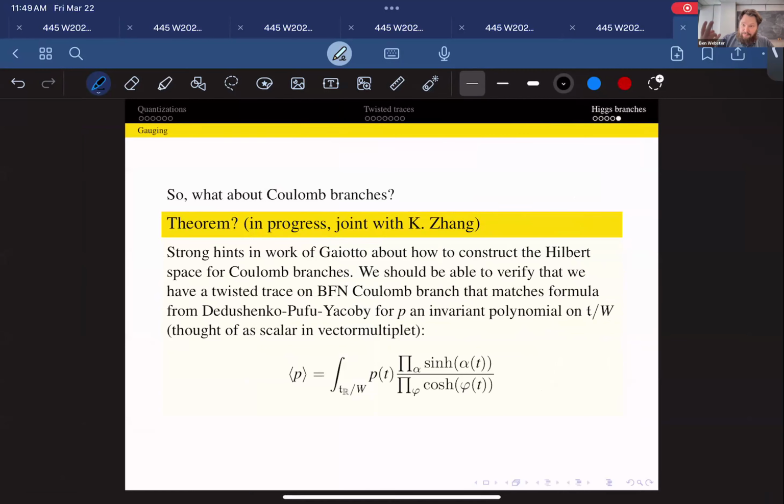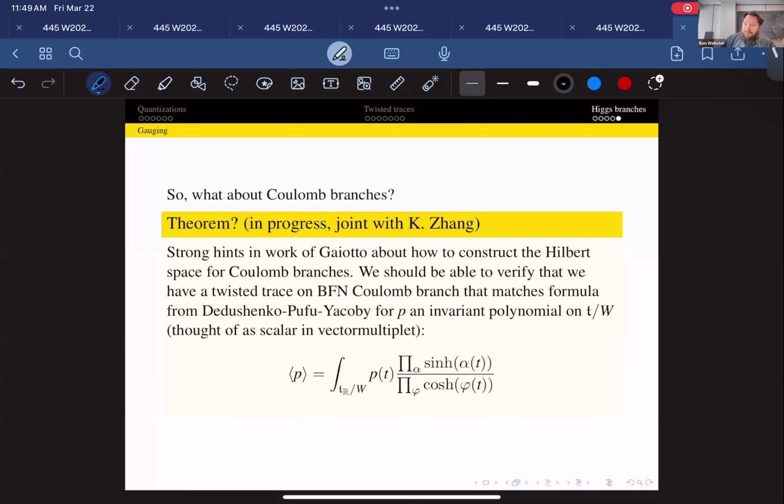You think of that as a polynomial function on the Cartan, and then you integrate it against this quotient of sinhs and coshs of the weights. So the denominator is the weights of the representation N, the numerator is the roots of the Lie algebra. And they tell you that this is the right way to compute the expectation.